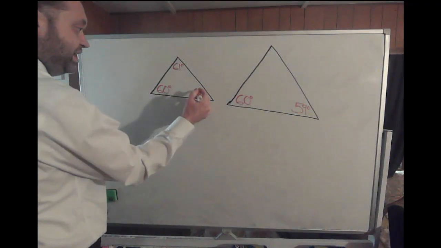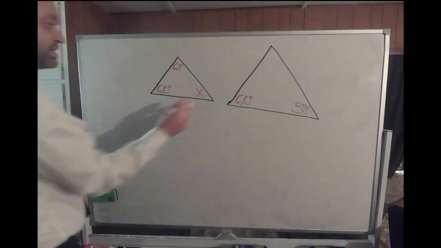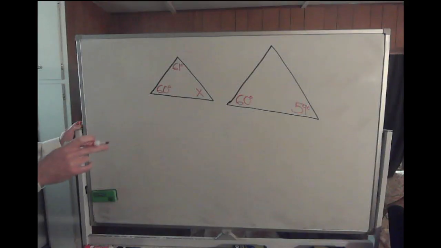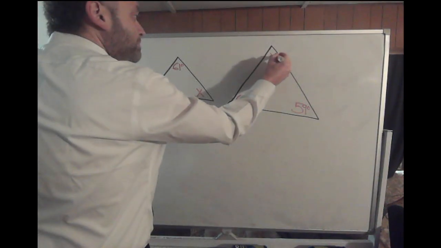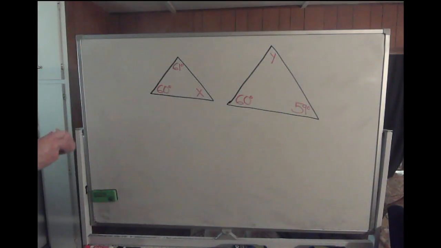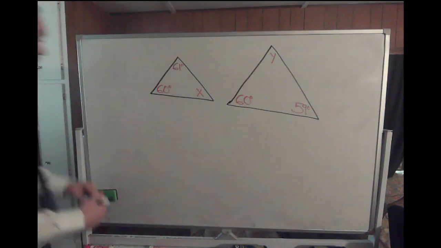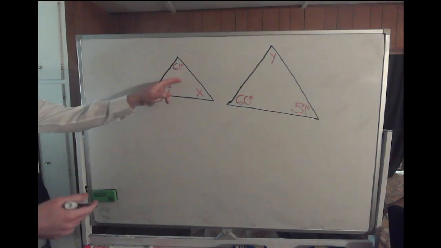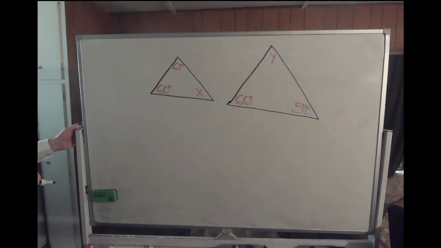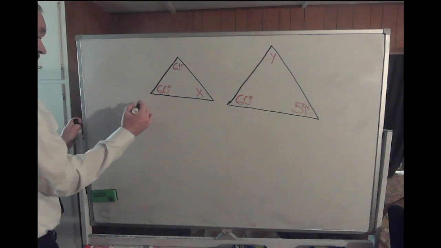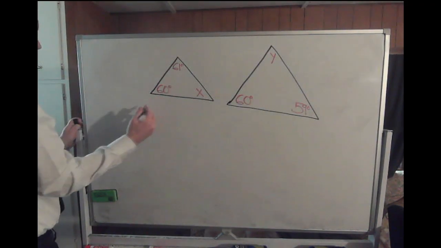We'll call the missing angle of the first triangle X. We'll call the missing angle of the second triangle Y. We'll assign a variable temporarily. And we know that the sum of the measures of the interior angles of a triangle equals 180. So let's start with the first one here.